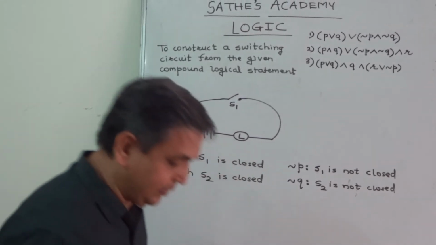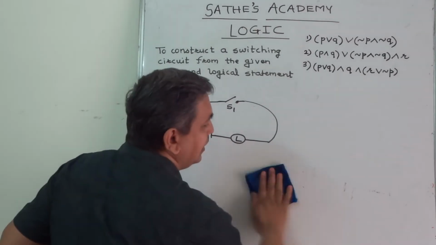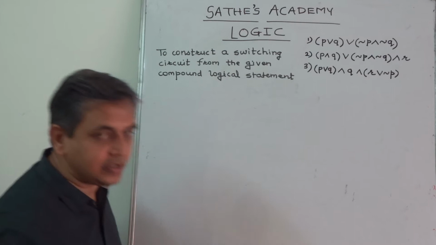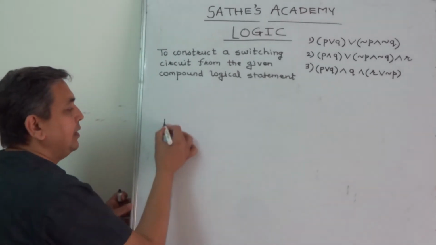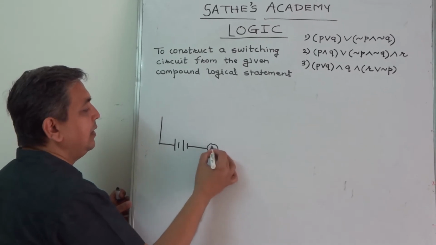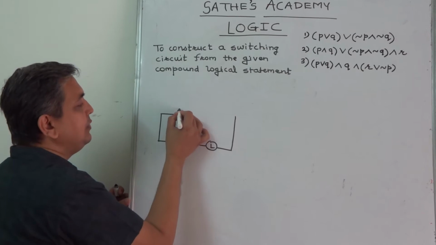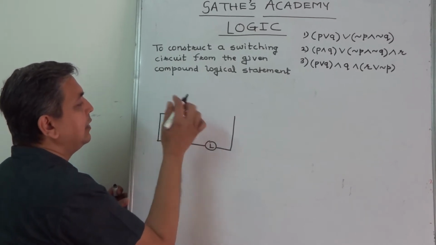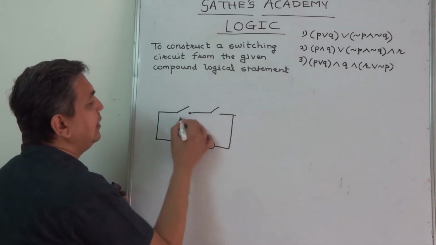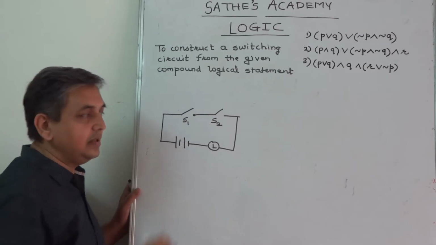Now we see what are switches in series and switches in parallel. Suppose we have this battery, a bulb, and two switches S1 and S2 in series.